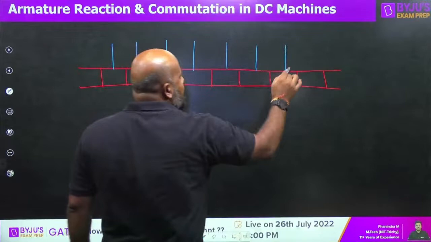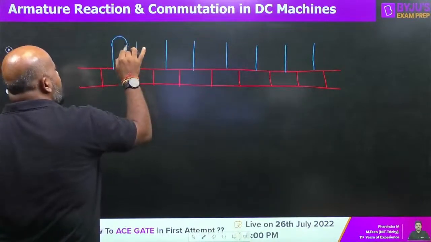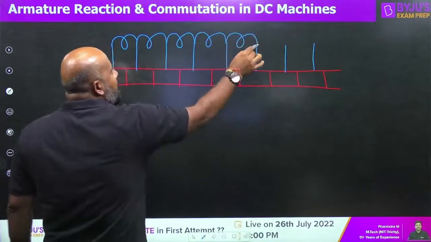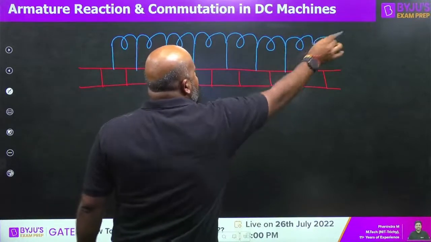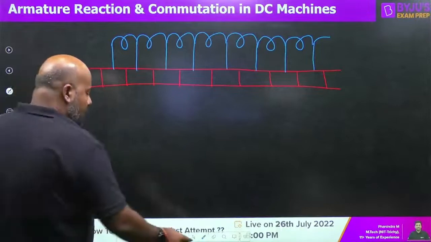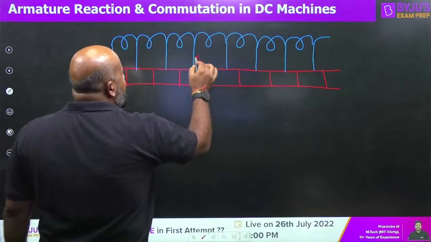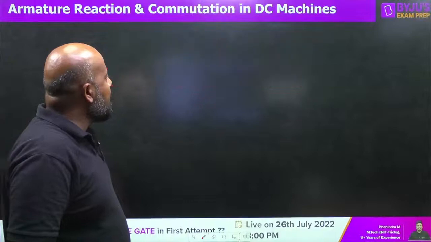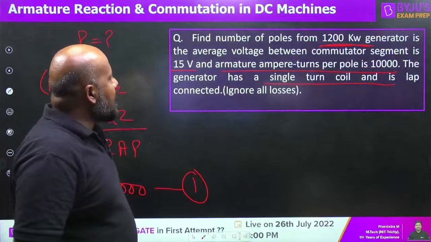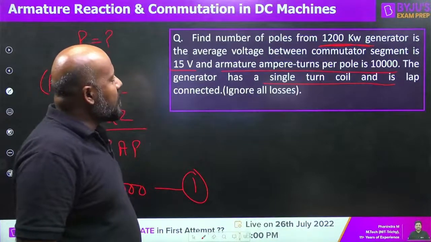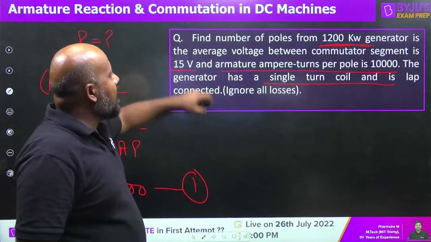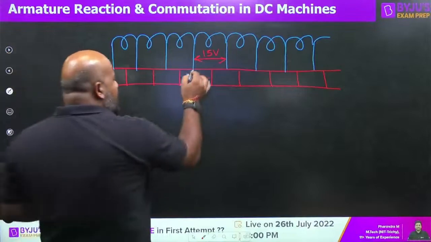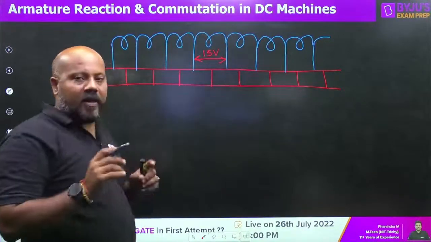Single turn, single turn, like this. He is giving you the average voltage is 15 volt here. And it is a single turn coil. Now, whatever voltage is generated in each commutator segment is nothing but the voltage across one turn.